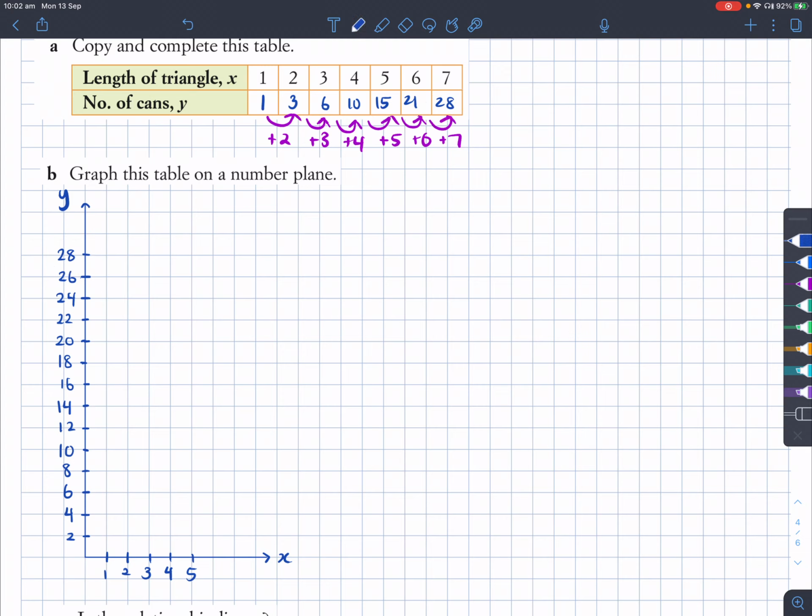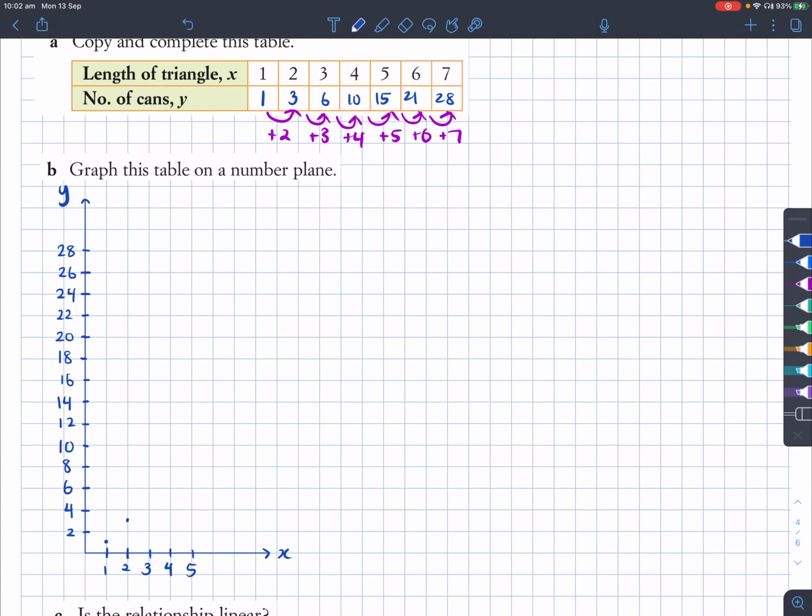So 1, 1 would be somewhere around here. 2, 3, the next one would be somewhere around here. 3, 6, so 3 right, 6 up will be exactly that one. 4, 10, 4 right, 10 upwards there.